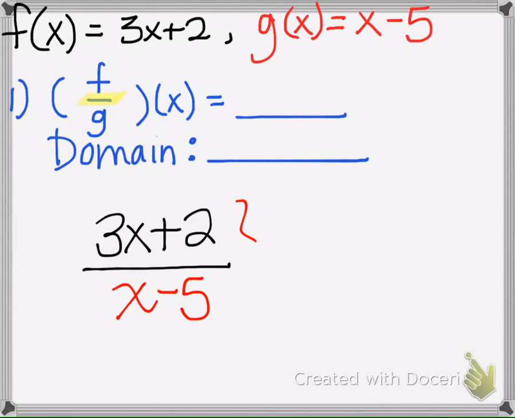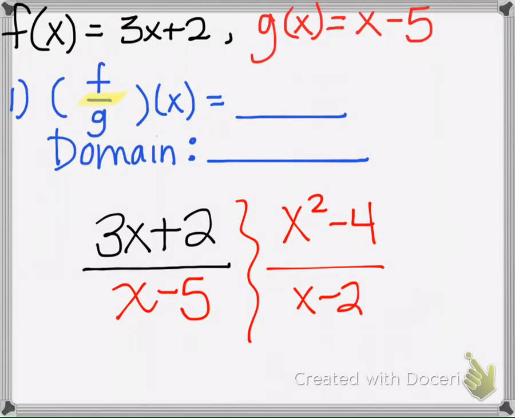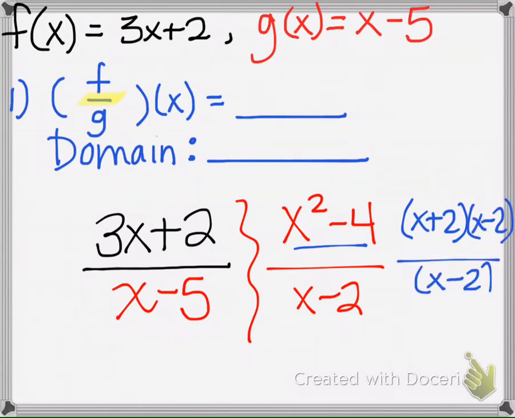Just to make sure we understand, if instead it said x squared minus 4 over x minus 2, we would be able to factor the numerator to x plus 2 times x minus 2, and then we'd have matching binomials here, and we would get x plus 2. But that's not our problem here.